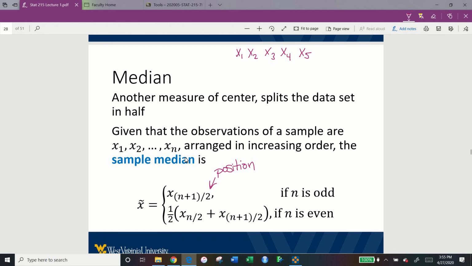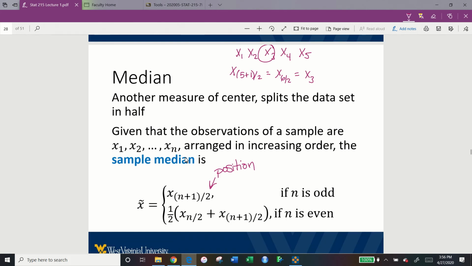To find our median, it is x sub quantity n plus 1 divided by 2. Our n in this case is 5. So that is 5 plus 1 quantity divided by 2. So that's going to be x sub 6 divided by 2, or x3. That is going to be our median.